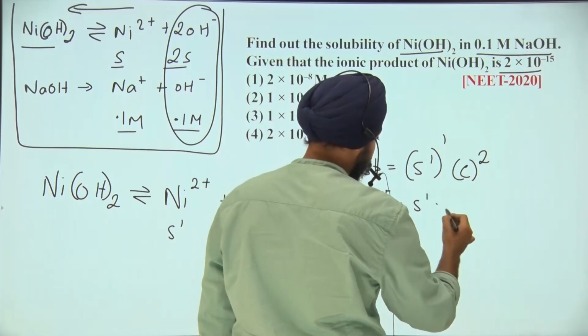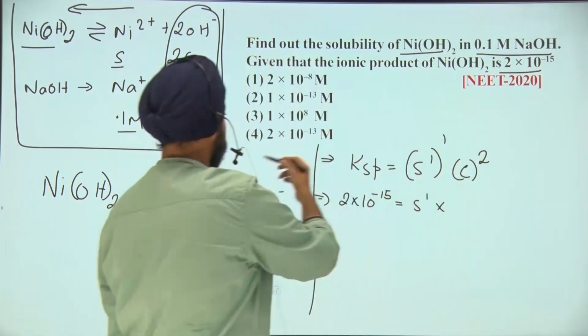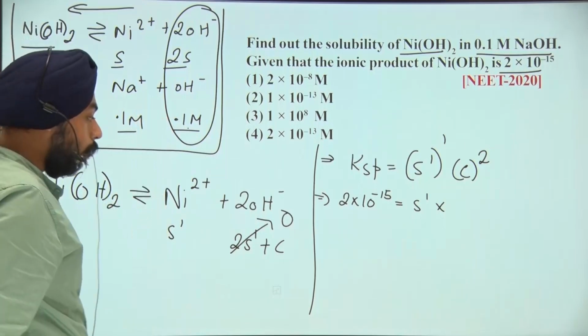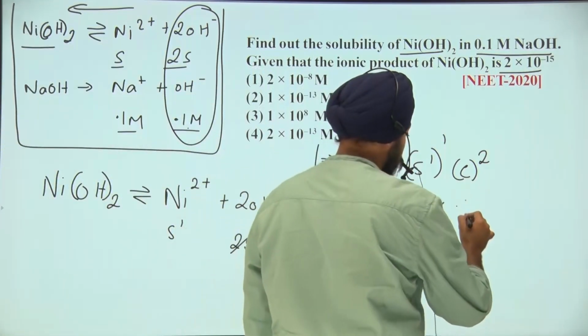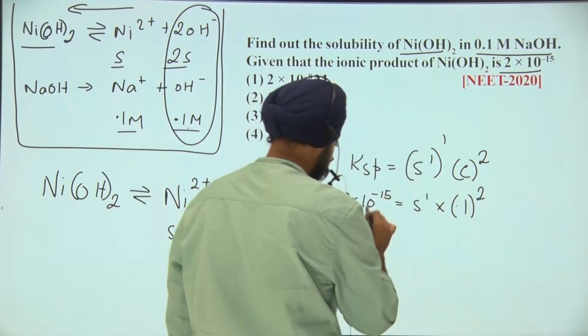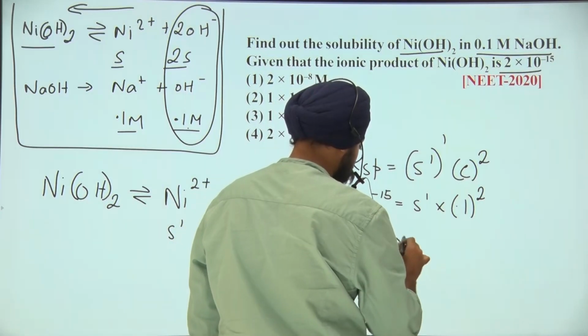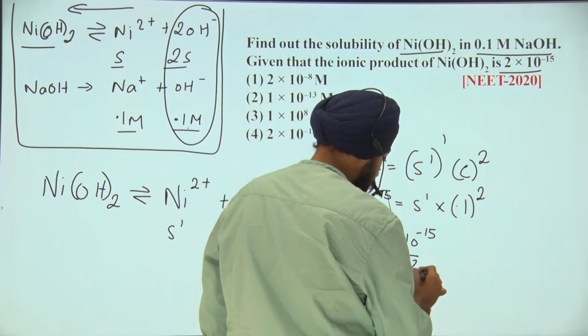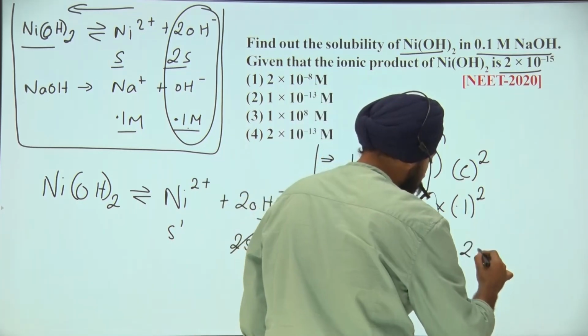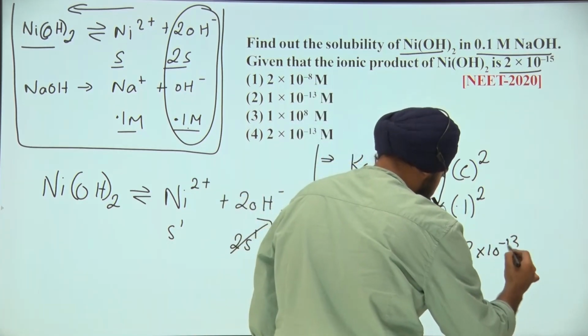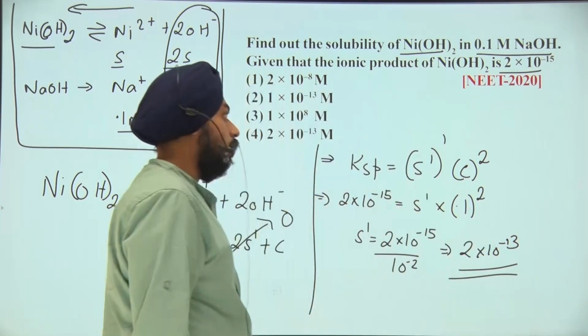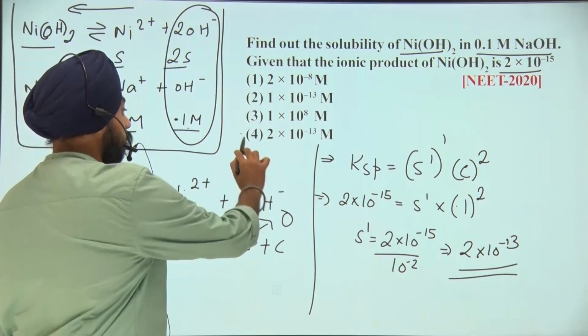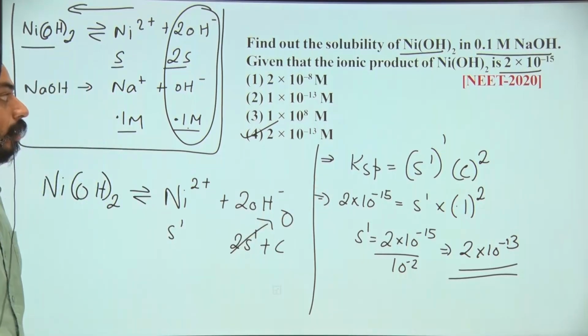We have to calculate that, and the concentration C has been given, this is 0.1 molar, 0.1 molar square. So S dash from here comes out to be 2 into 10 to the power of minus 15 divided by 10 to the power of minus 2. This is equal to 2 into 10 to the power of minus 13. So the correct option will be option number 4, that is 2 into 10 to the power of minus 13.